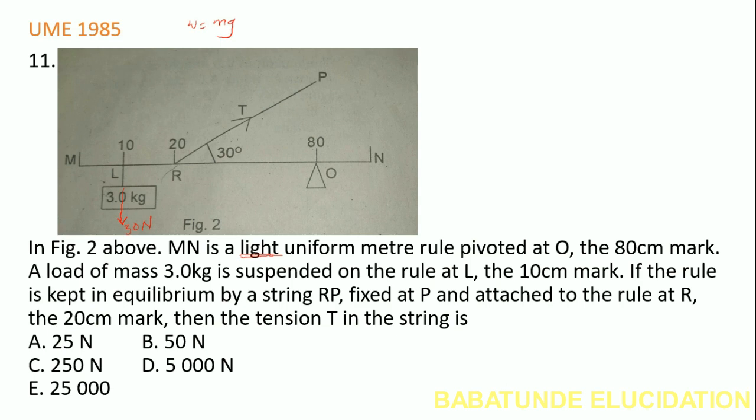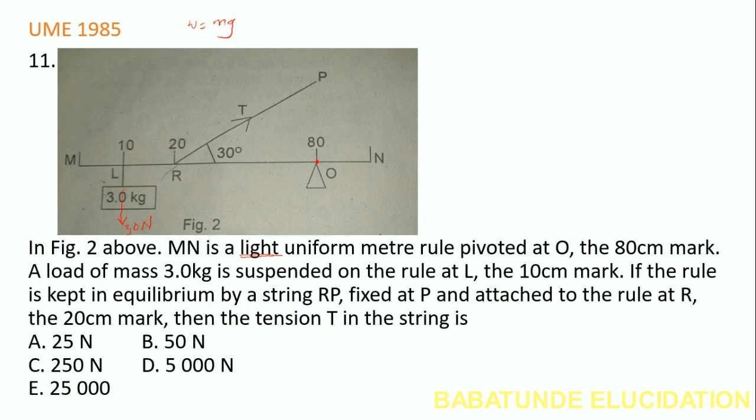So what we'll do is this: we'll pick a point. Let's take this point to be our axis of rotation, or our point of rotation. So it will eliminate the reaction force here.